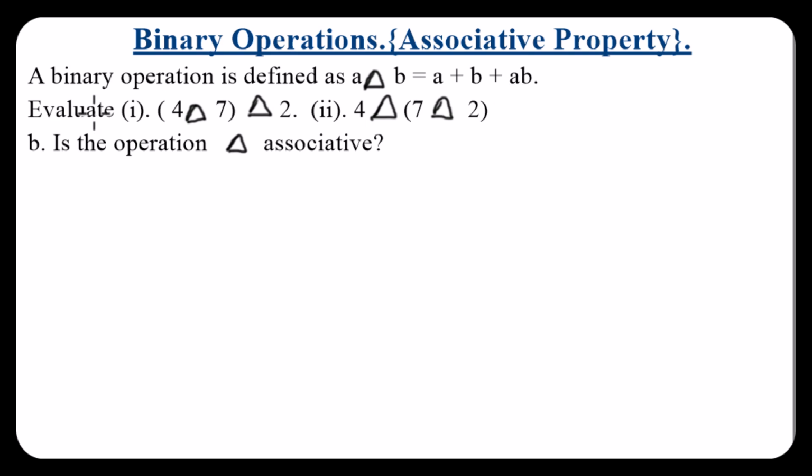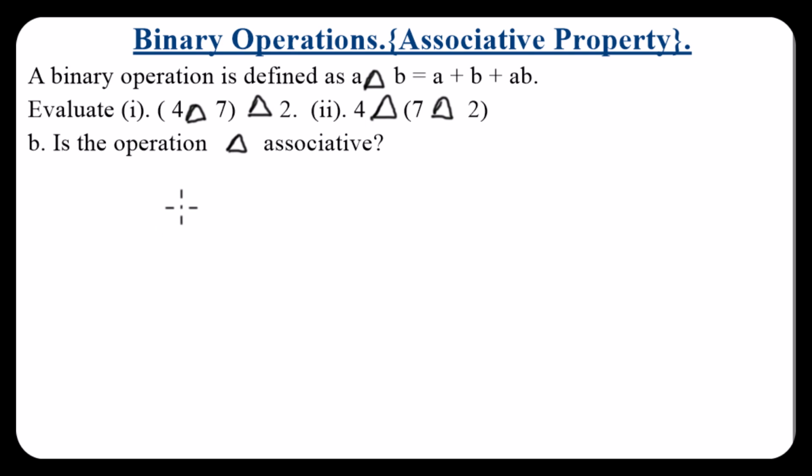We are asked to evaluate (i) (4 delta 7) delta 2, (ii) 4 delta (7 delta 2), and the last part asks if the operation delta is associative. Sorry about that, there shouldn't be an extra word there.